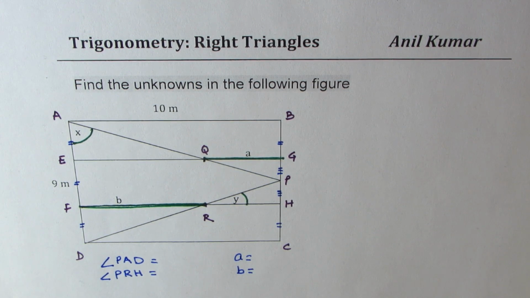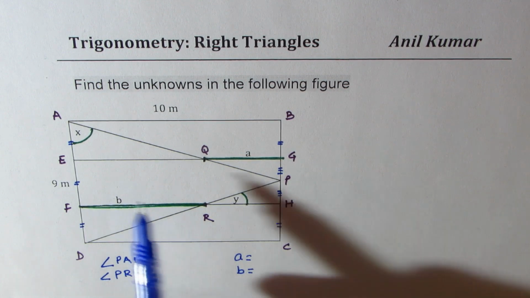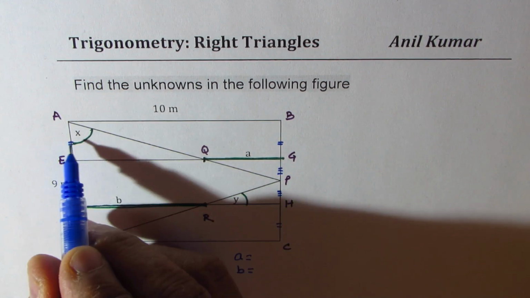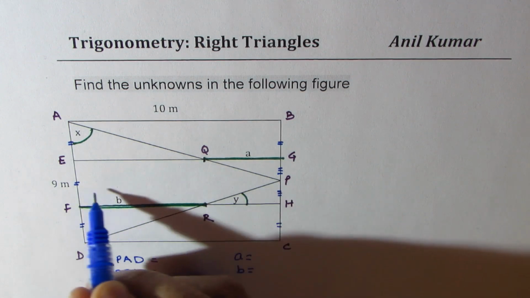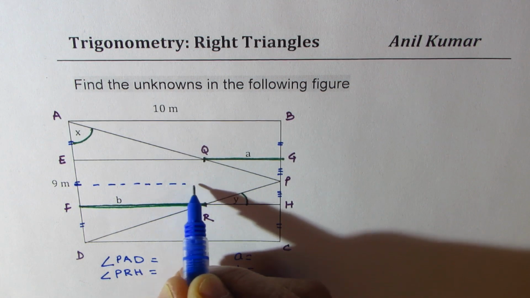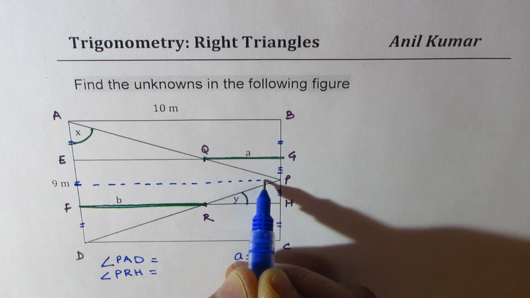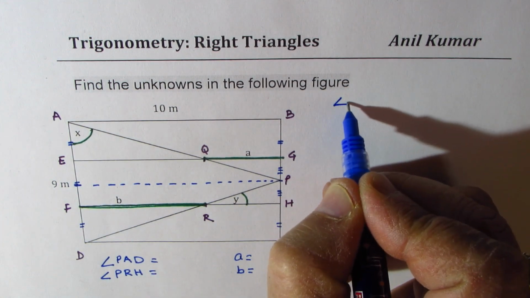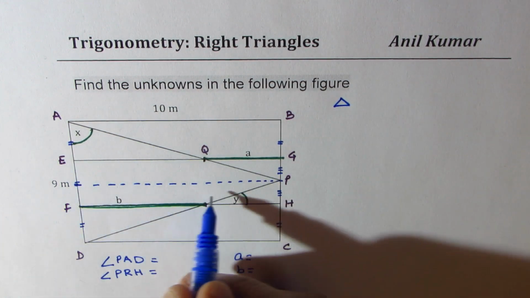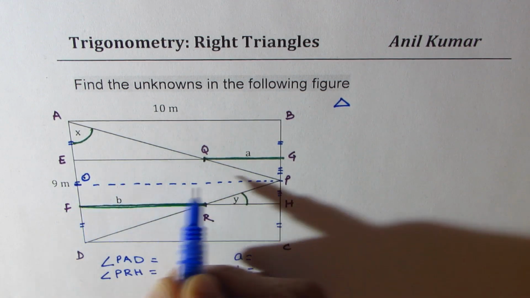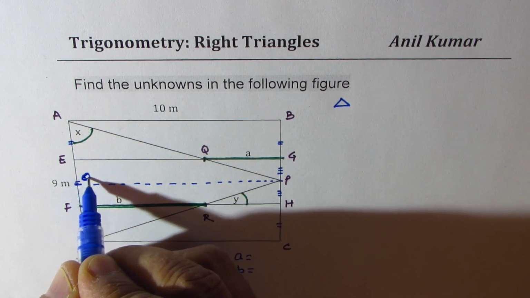Well, to begin with, we can find the angles straight away. Let's find angle X. So if I draw this line going through the center, let's call this point Q. Let's call this T, right?